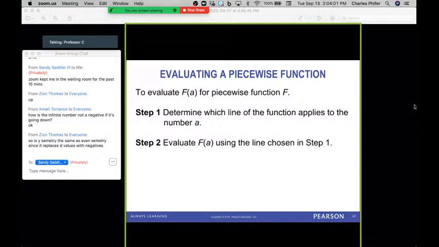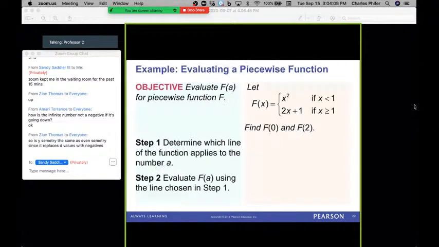To evaluate f of a for a piecewise function, determine which line of the function applies to a number a, and then evaluate f of a using the line chosen in step 1, right? So we have let f of x be this, find f of 0 and f of 2.